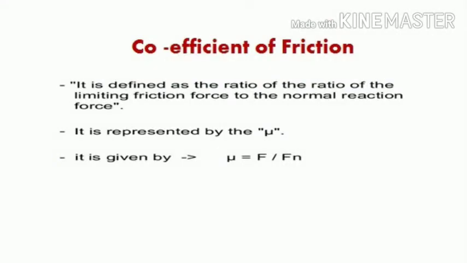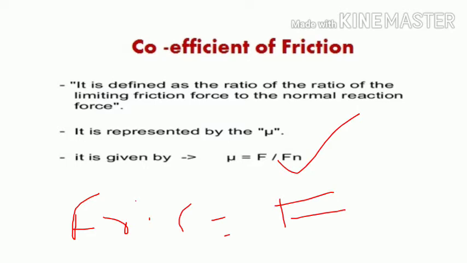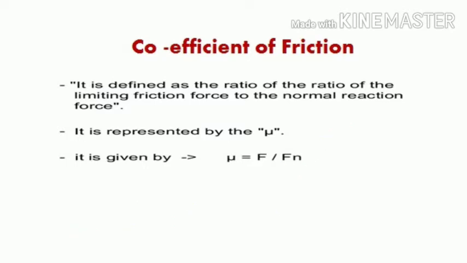Now, coefficient of friction. The coefficient of friction is defined as the ratio of the limiting friction force to the normal reaction force. If the normal reaction force is taken as Fn and the frictional force as F, then we can write mu equals capital F by Fn, where Fn is the normal reaction.